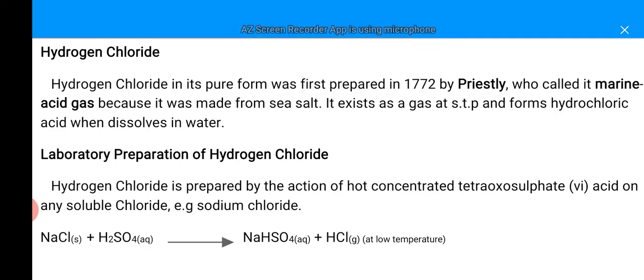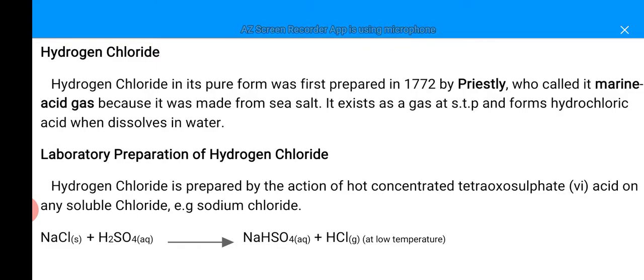This hydrogen chloride, in its pure form, was first prepared in 1772 by a scientist known as Priestley. The scientist named it marine gas. Why? Because it was made from sea salt at that time. It exists as a gas at STP, standard temperature and pressure, and forms hydrochloric acid when dissolved in water.